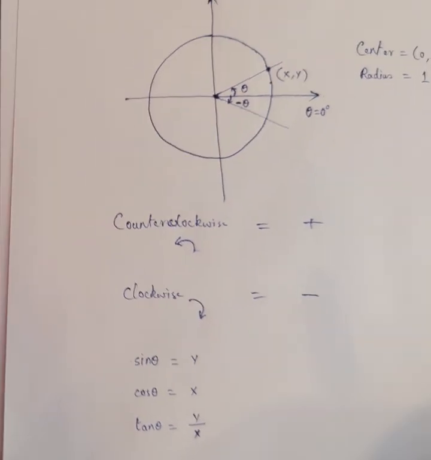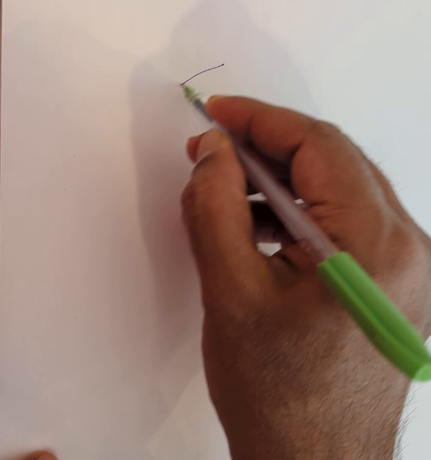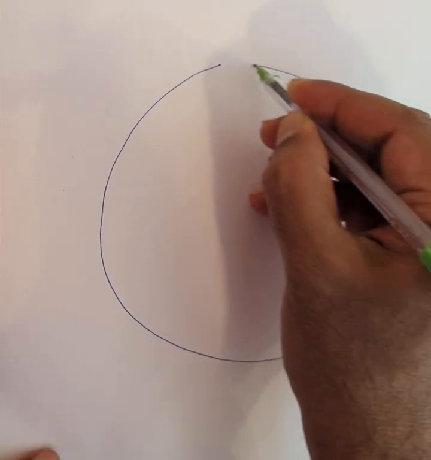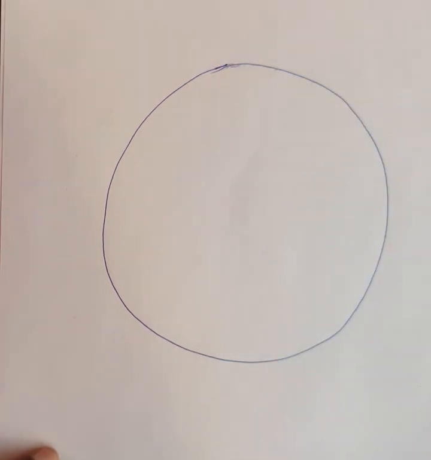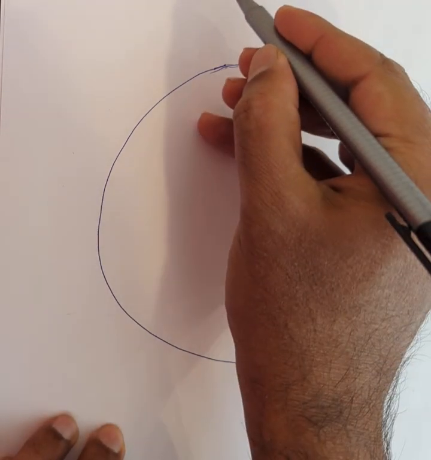Now, let's go ahead and redraw the unit circle. This time I'm going to draw a little bit bigger, because I'm interested in getting the coordinates of some points on the unit circle.